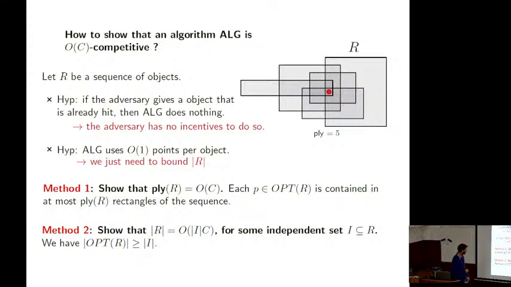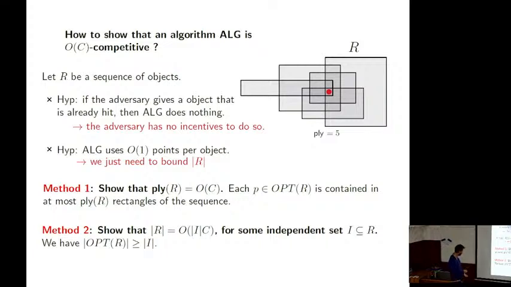If we manage to show that the ply is at most this constant, then we know that the length of the sequence is at most the optimal solution times the ply, and then we get the competitive ratio. This is rather simple to analyze because the ply is something nice. For instance, for rectangles, it's somehow easy to manipulate.